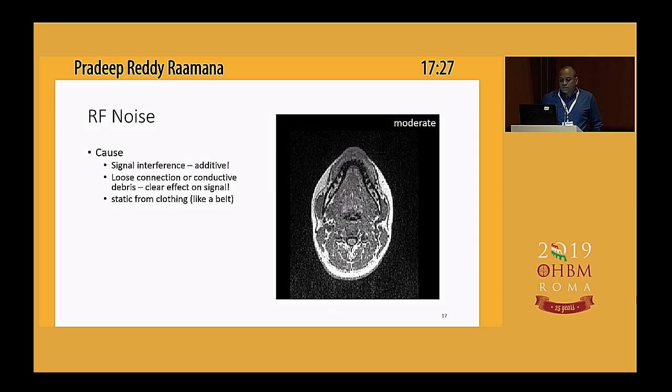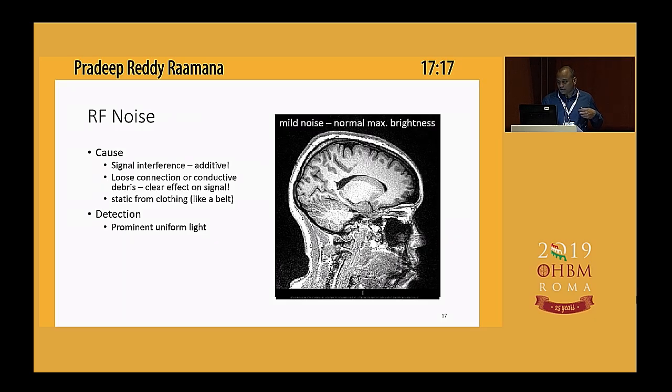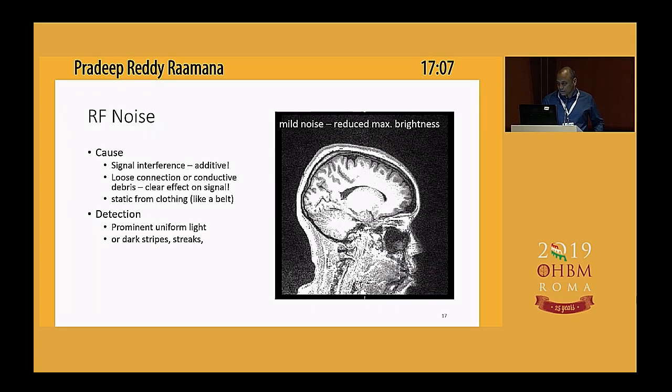Even simple clothing, such as a belt, can cause this RF noise. And you want to look for uniform light. For example, this is a mild level of this artifact. In regular viewing, at normal maximum brightness, it's subtle, and if you reduce the maximum brightness, it becomes really apparent in this case.